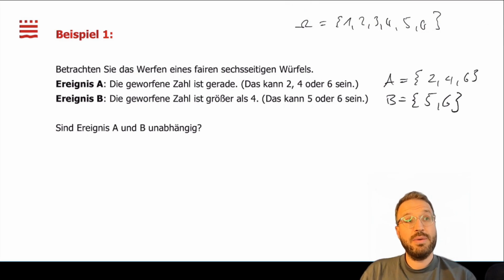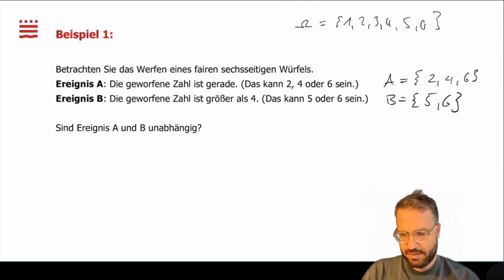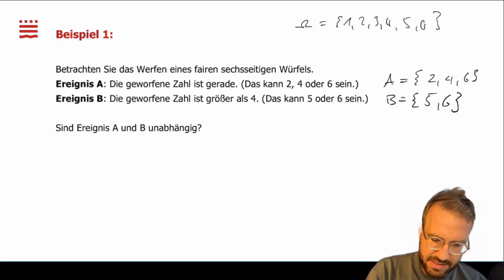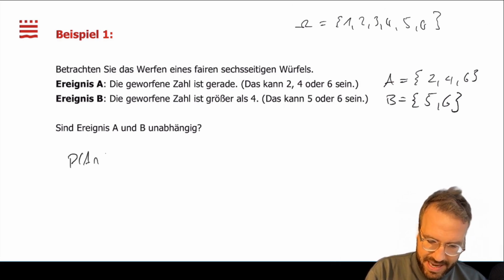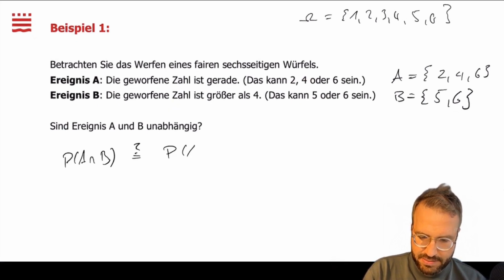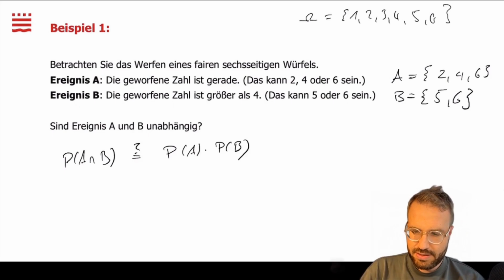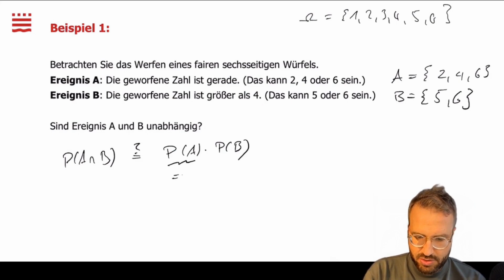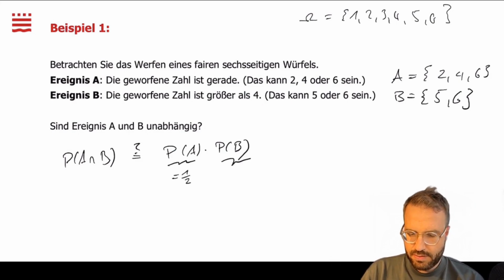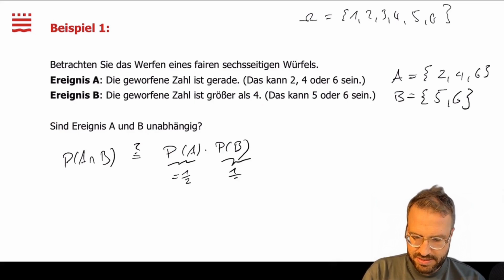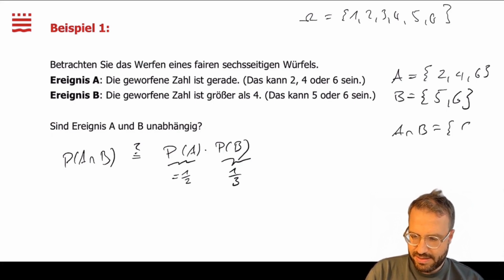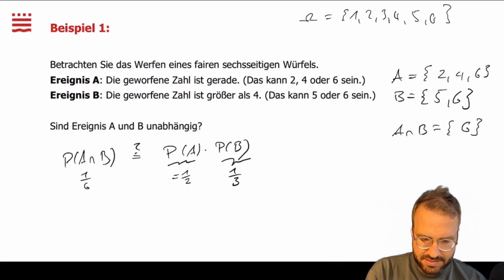Now we can ask ourselves whether these two events are independent. For example, we can consider whether the probability of A intersecting B is equal to P(A) times P(B), so I simply put a question mark. We determine P(A), which would be 1/2, and P(B) is 1/3. And A intersecting B is essentially only the 6, and thus 1/6.